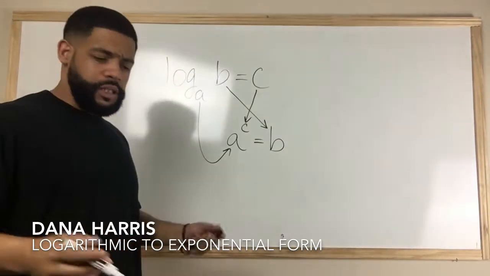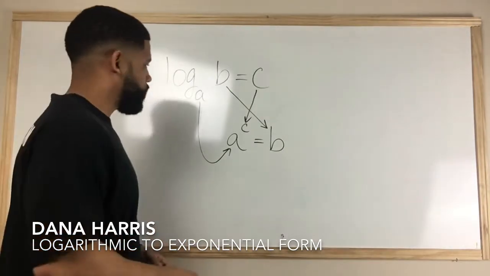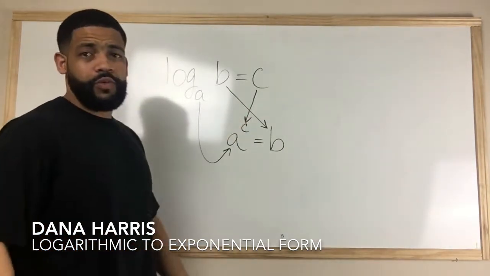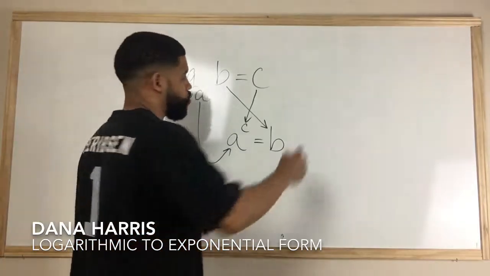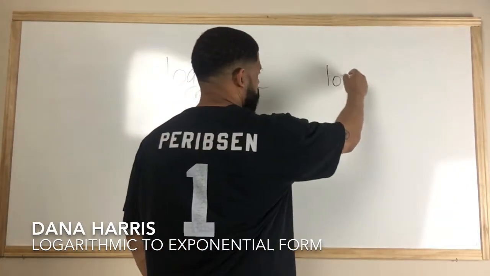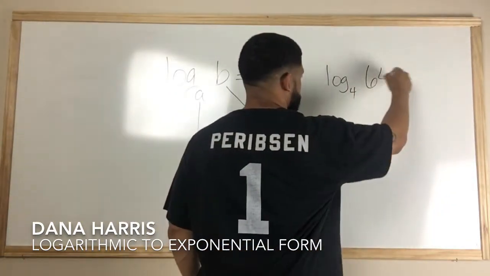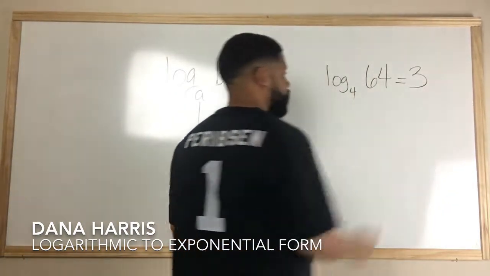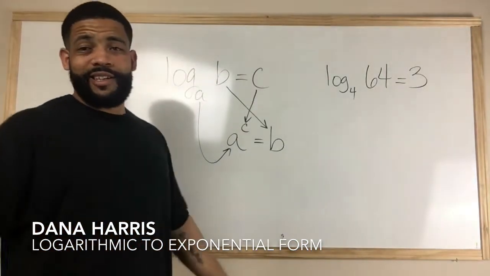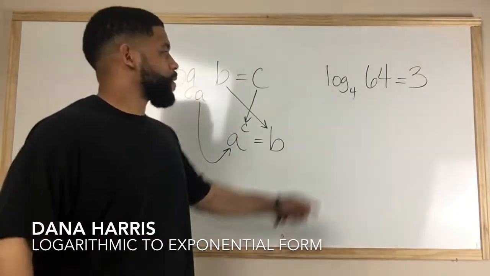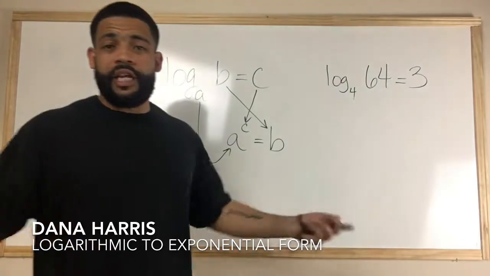All right, so let's get a couple of examples of that. Keep this in mind. One thing we want to look at is the first example. Let's say we have log base 4 of 64 equals 3, or as I like to say, tree. We want to just write this in exponent form.